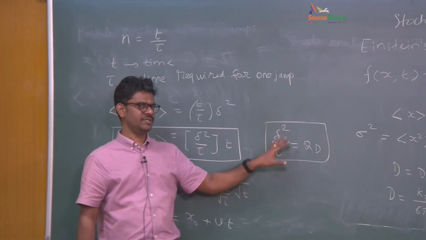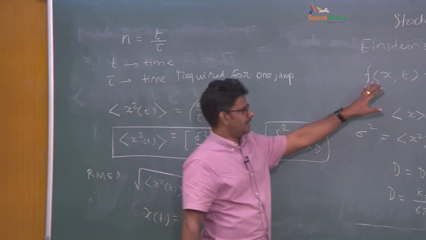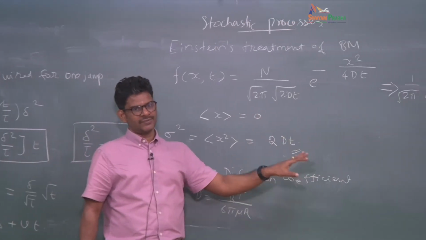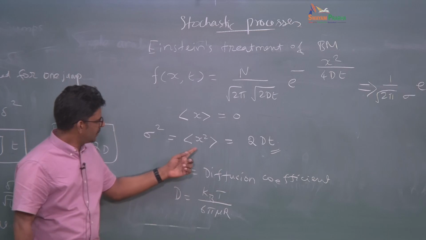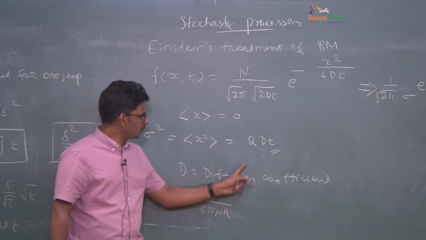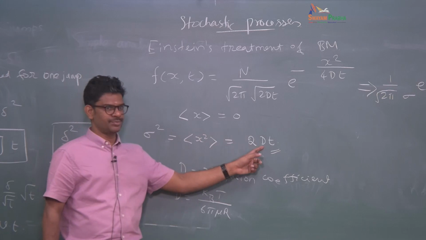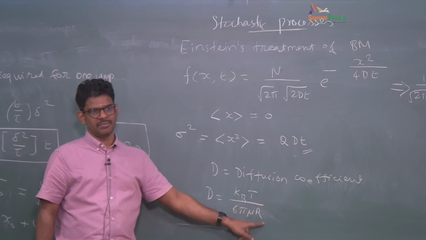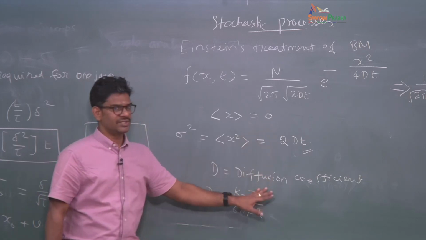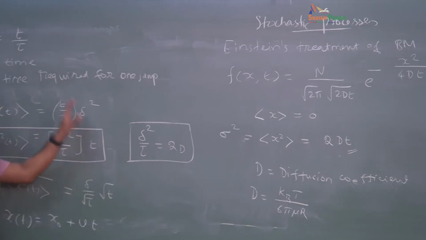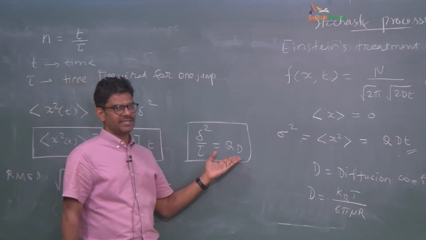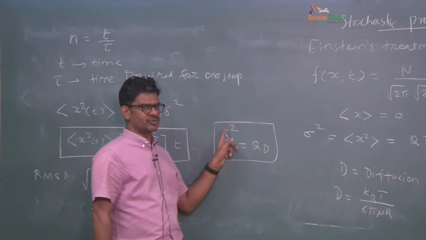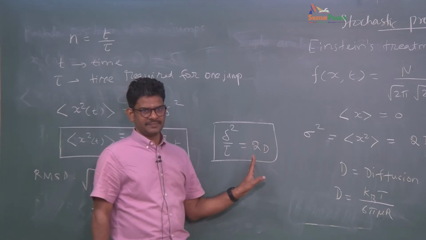We did not associate any physical character to this, but this derivation did account for all the physical aspects of the solvent as well as the particle, because of which he was able to show that the diffusion coefficient, which factors in the mean square displacement, could be related to the physical aspects of the solvent, temperature, and the particle size. Now by matching this result with this, what we have assumed as unknowns delta and tau is actually related to the diffusion coefficient, and dimension-wise it's also consistent. This will be meter square by time, and this is also meter square by time.